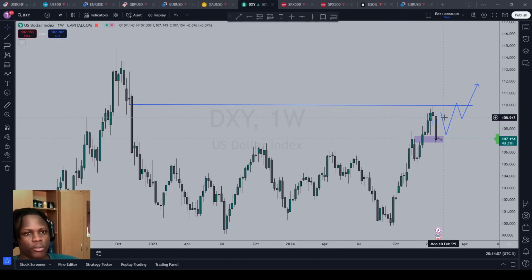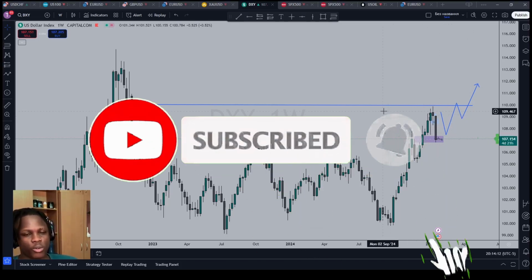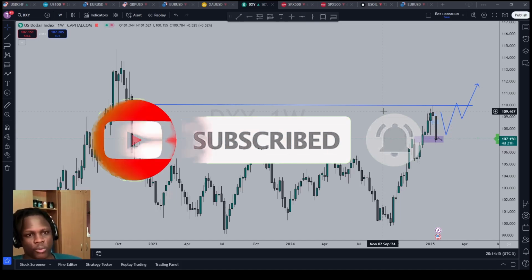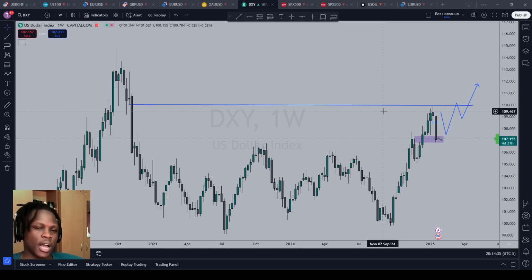I was expecting it to drop swiftly on Monday, and then on Tuesday, as usual in my strategy, I expect the market to make the Judas swing on Monday, and then on Tuesday it continues with the Judas swing into the London session. I usually expect it to make the low of the week or the high of the week, depending on the bias. On this DXY chart, I was expecting it to make the low for the week on Tuesday.